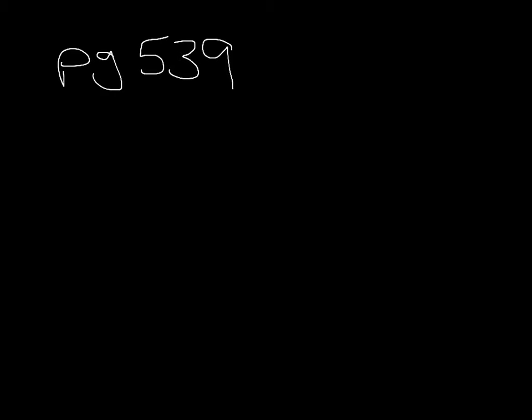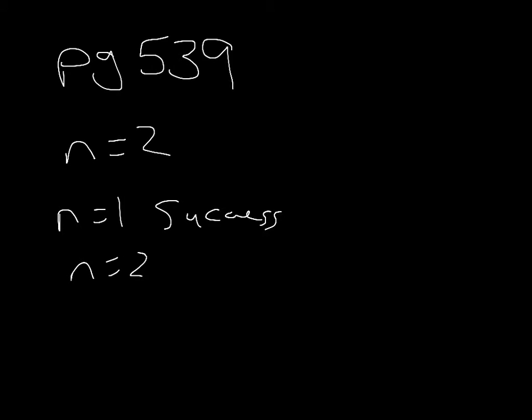In this case, there's a success probability and a failure probability. So when we say it can take on n values, in our case, n is equal to 2. So n equals 1 would be success, and n equals 2 would be failure, right? So now we know that we have two options for this particular random variable.